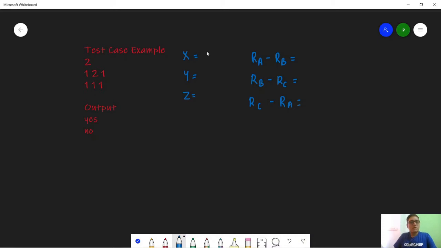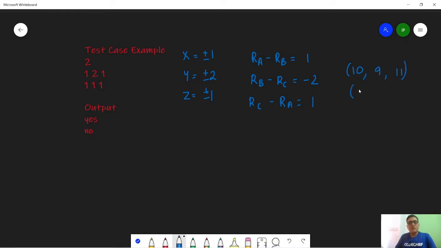So guys, let us go over to the first test case. In the first test case, we are given x as plus minus 1, y as plus minus 2 and z as plus minus 1. So now we need to choose x, y, z such that these equations are satisfied. So let us say that we choose x as 1, y as minus 2 and z as 1. If we try to solve these equations, one of the solutions can be 10, 9 and 11.